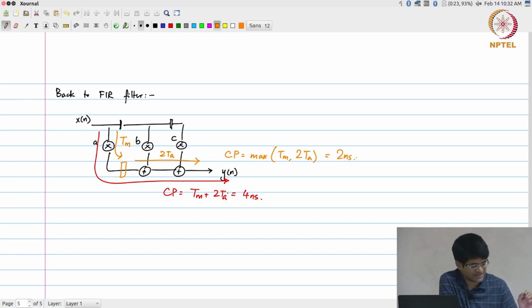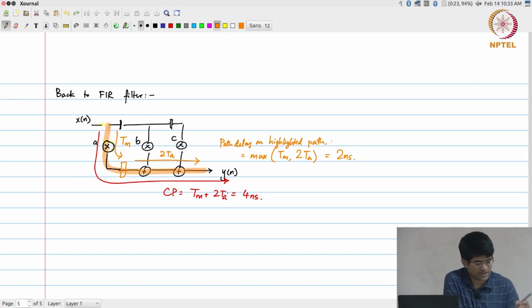Let me rephrase this, that is a good point. I will just call this the path delay on this highlighted path. The observation is correct: there is actually another path which still has the multiplier followed by 2 adders and so on. I am just talking about this highlighted path alone, and for that I have managed to break it.